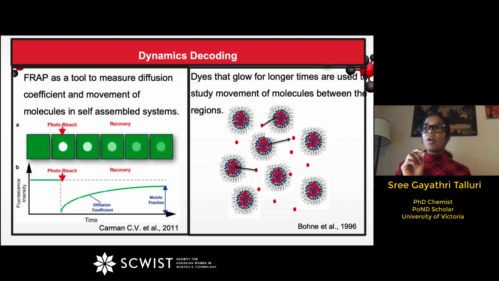I can tell you some stats: if you load 100 of the nanostructures into the patient, only about 0.7% actually reaches the tumor site. That's pretty low, but you still see some effect caused by those nanoparticles.